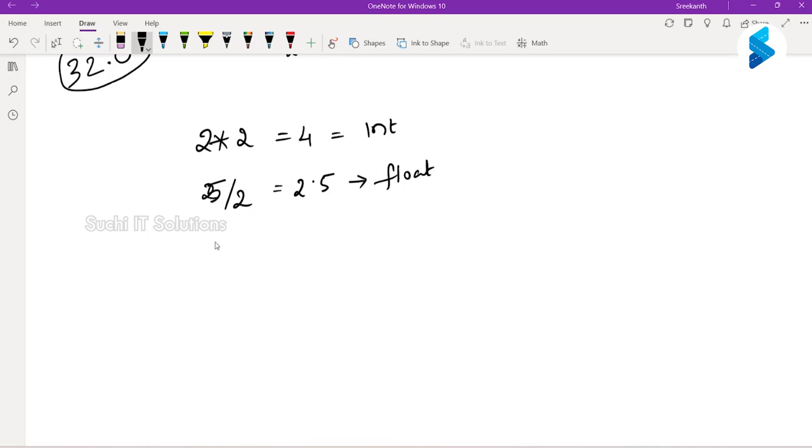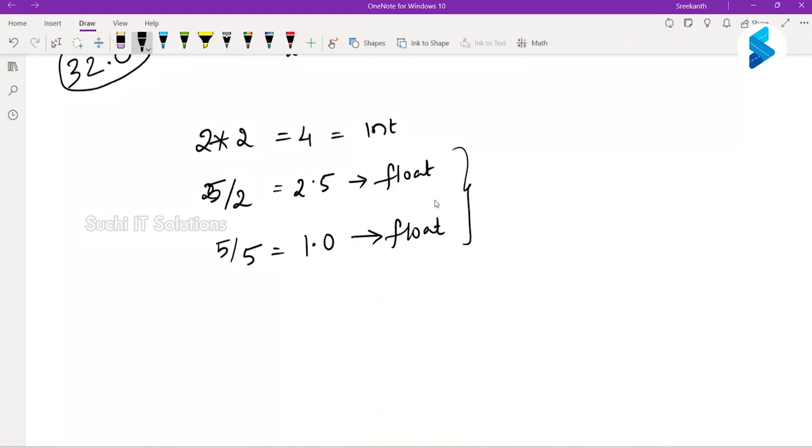In the same way, even if I take 5 by 5, it also results in a float, which is going to be 1.0. Every time I use a division, it always results in a float. Division will always return a float value.